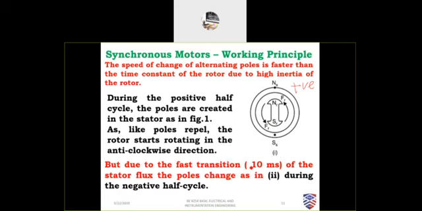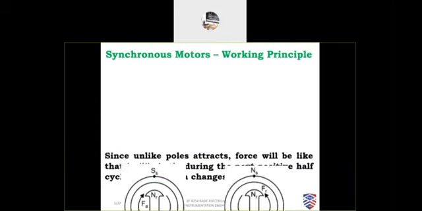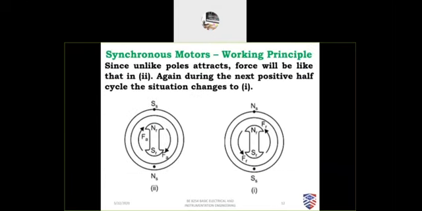after the fast transition of 10 millisecond, the stator flux poles change the other way around. This goes to south and this goes to north, so now the south pole will attract the north pole. And again in the third half cycle, it becomes north and north, and it repels. So the rotor will just oscillate in the same position and will not be able to move.